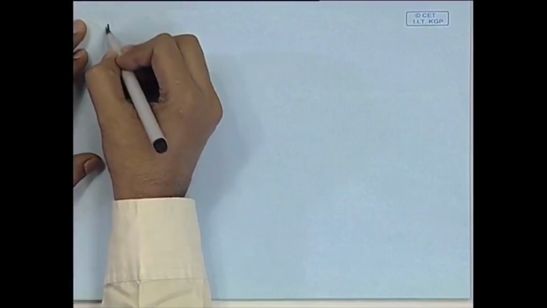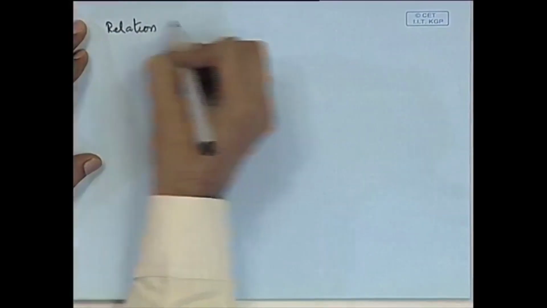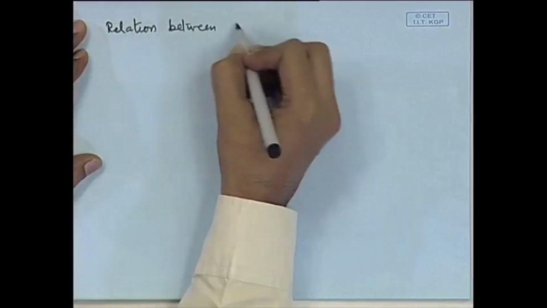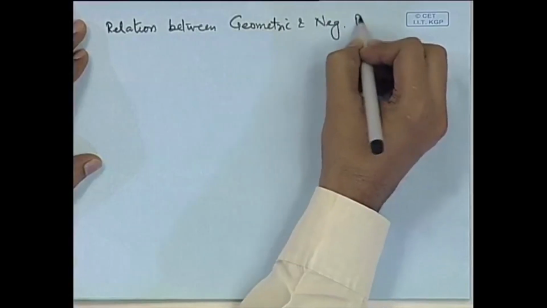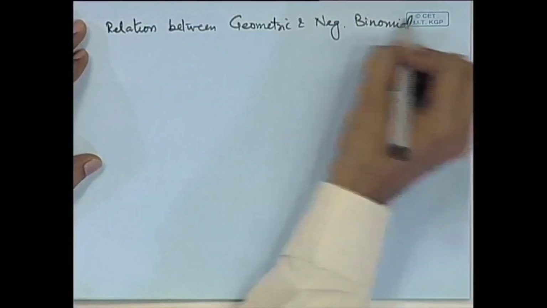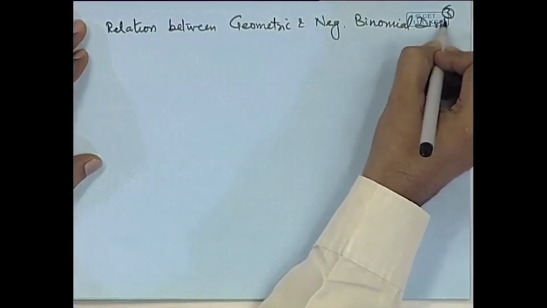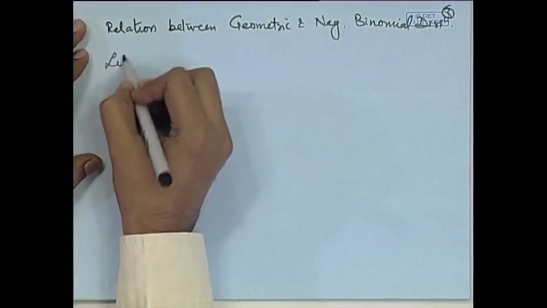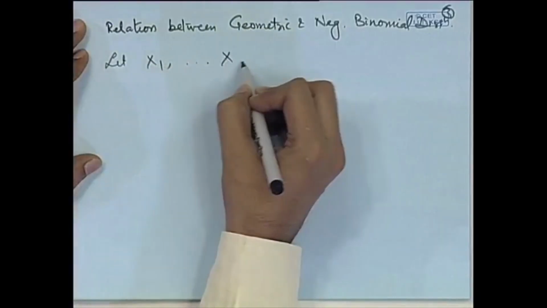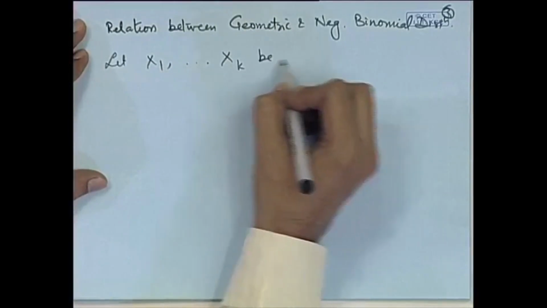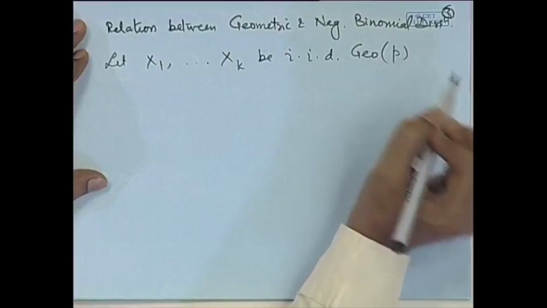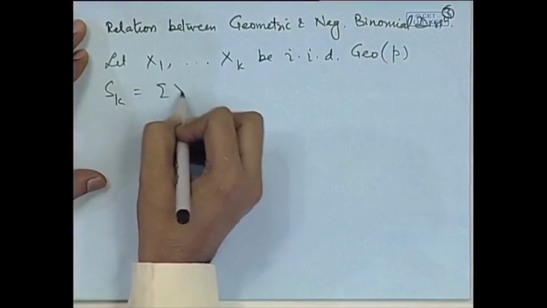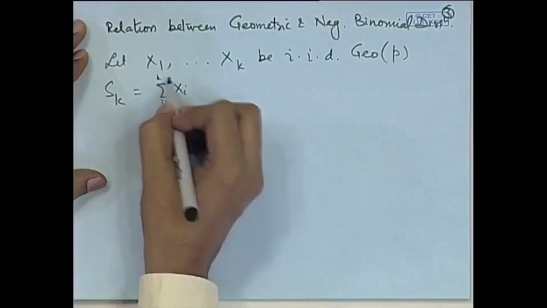Let us consider a relation between the geometric and negative binomial distributions. Let X1, X2, ..., Xk be independent and identically distributed geometric random variables with parameter p. We are considering Sk, that is, sigma Xi.